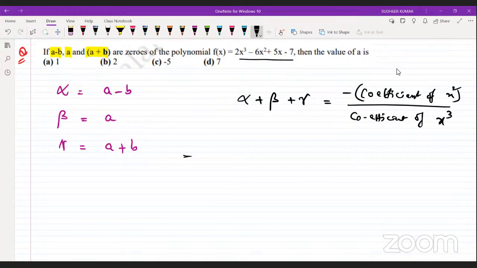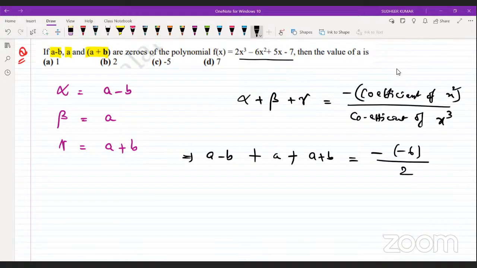So let's substitute these results. Alpha is a minus b, plus beta is a, plus gamma is a plus b, equal to minus of the coefficient of x square, minus 6, by the coefficient of x cube, 2.